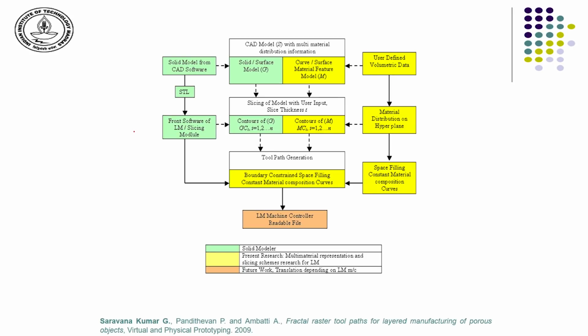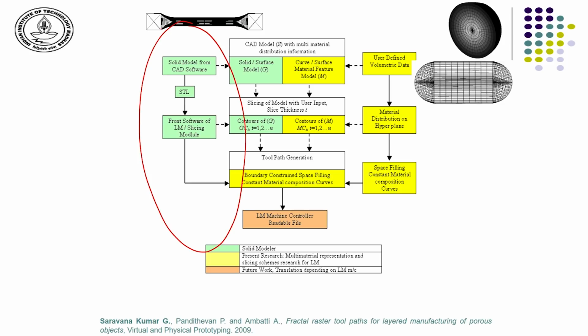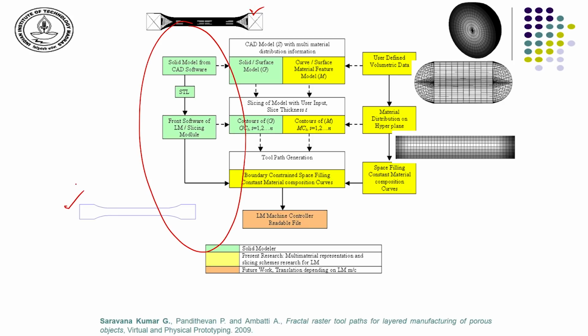As an example, I will show a framework where this is used to create a varying porosity model. So, this is a conventional modeling and processing framework where we have the CAD model of the solid object, which is a surface file and which is used to create the layer wise data and fabricate it.